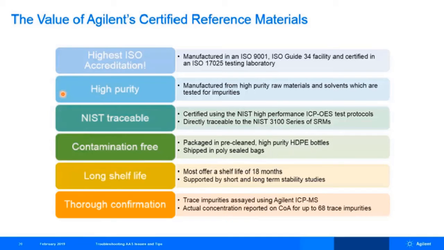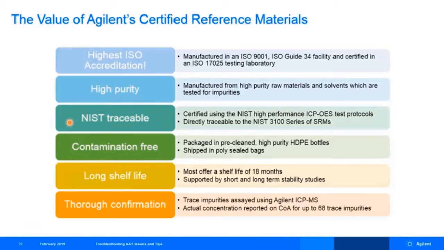Of course, they're high purity as well, made from the highest purity elements and compounds available, as well as using high purity acids and solvents. The raw materials are assayed and analysed for trace impurities using an Agilent ICP-MS. The solutions are prepared gravimetrically in an ultra-clean environment. And of course, the containers that we use for packaging are also contamination-free, and they're designed to avoid contamination.